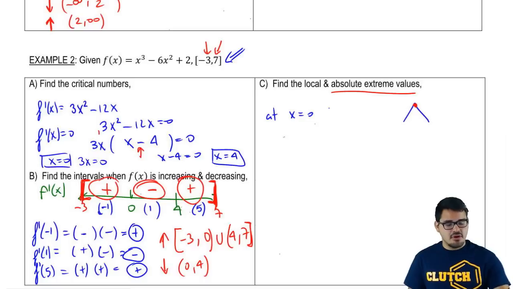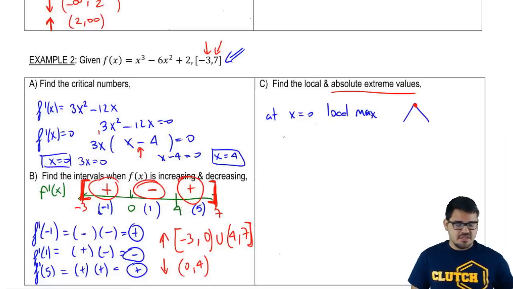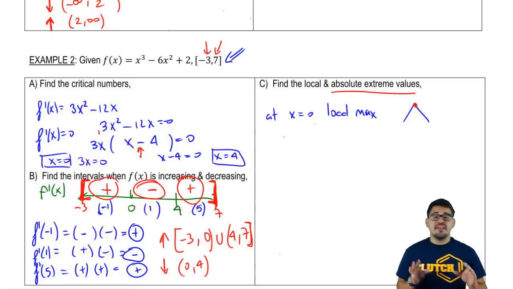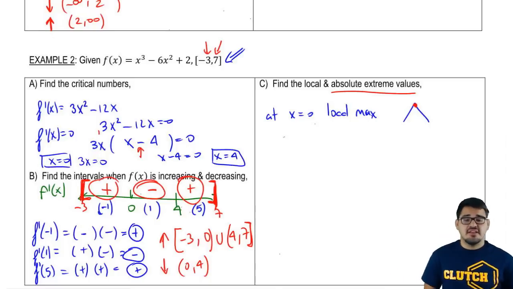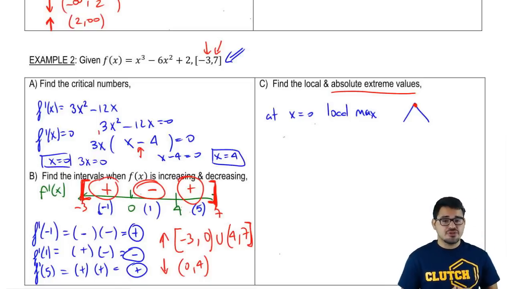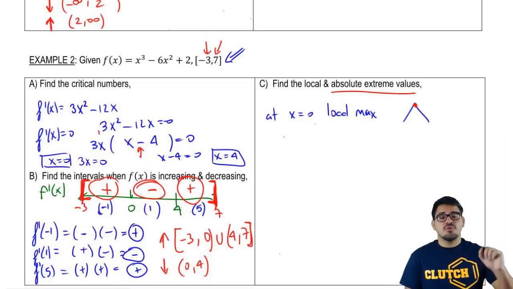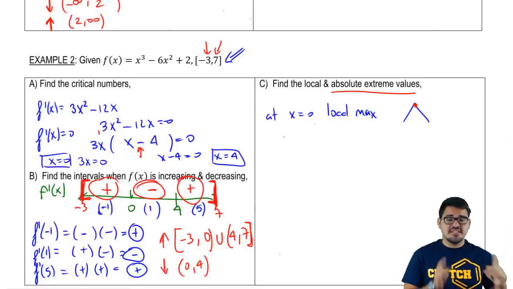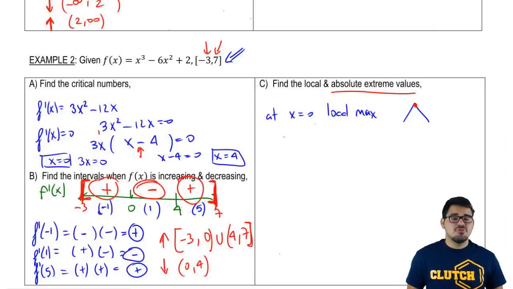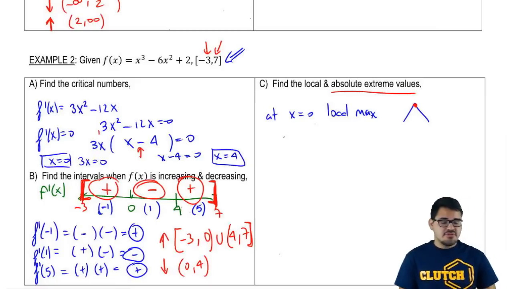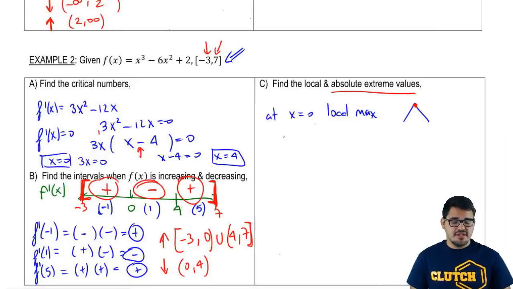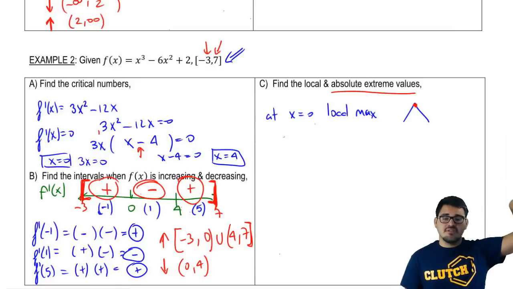So at 0, we have a local max. So far we have just been finding local max and mins. We're going to see how that differs from extreme values, meaning absolute max and min. So at 0, we just had a local max because it went from increasing to decreasing.